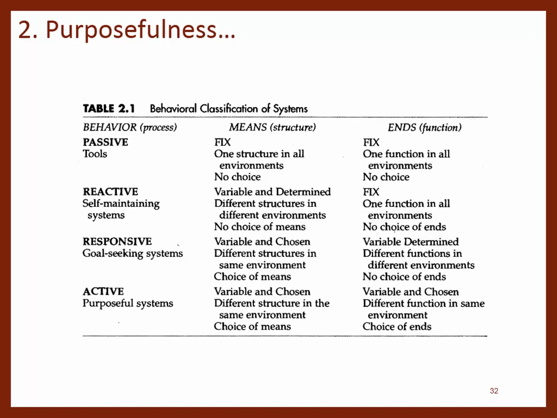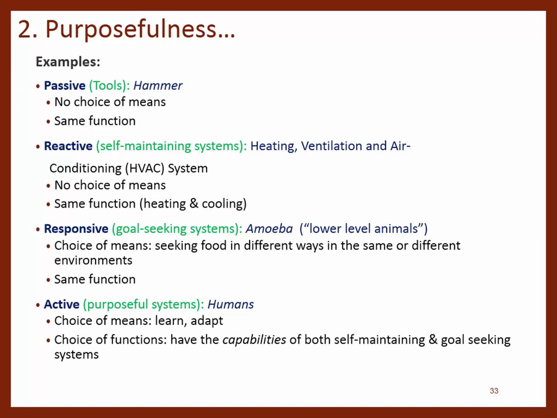Here's a behavioral classification of systems. They can be passive, reactive, responsive, or active. That's what we call purposeful systems: variable and chosen structure in the same environment, choice of means, and the ends or functions, different functions in the same environment, and so on. Some examples here. The passive system, a hammer, has no choice of means to perform the same function.